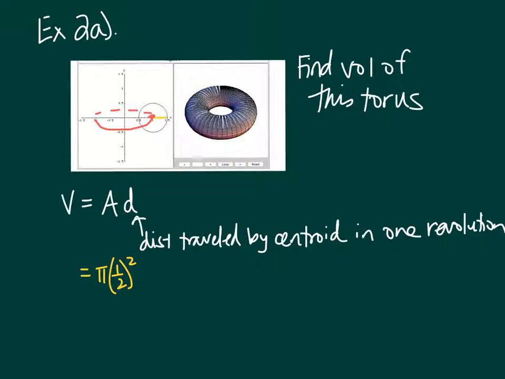And that circle is going to have circumference 2 pi r, where my r is the distance from the centroid to the y-axis, which is just going to be 1. So we're going to get at the end that the volume, just like we got before, is going to be pi squared over 2. But notice we didn't have to do any integrals once we're using the theorem.